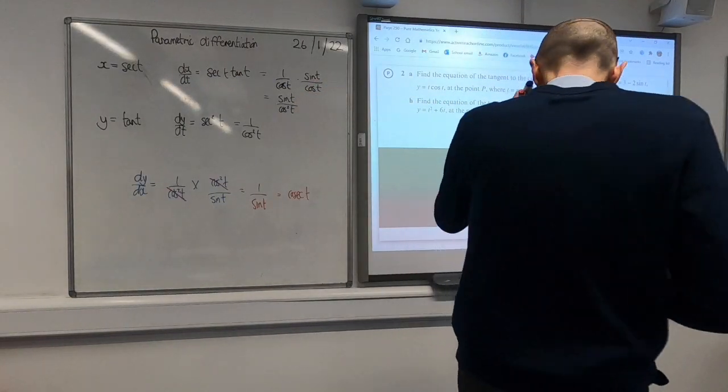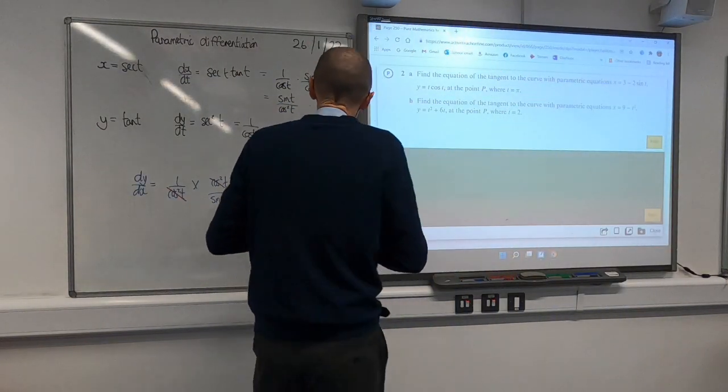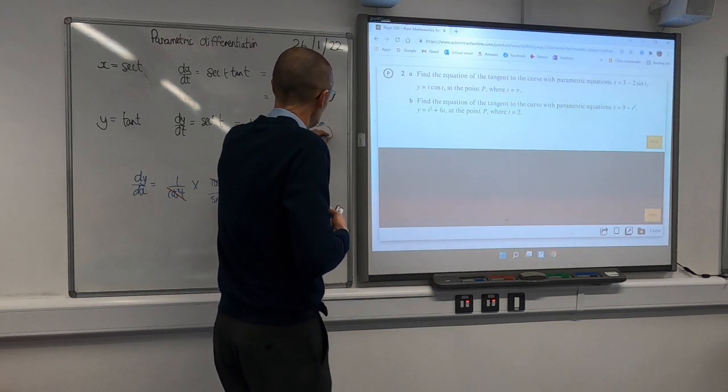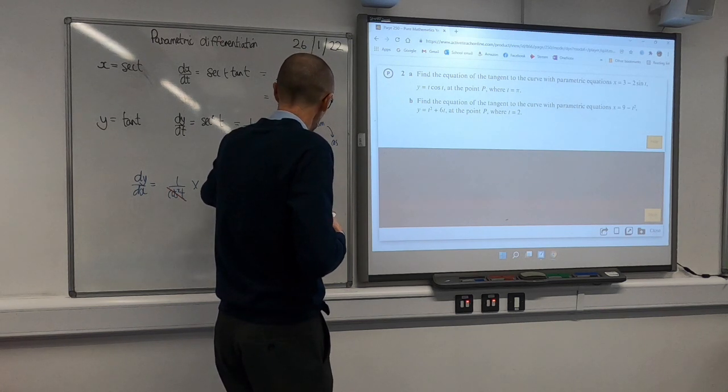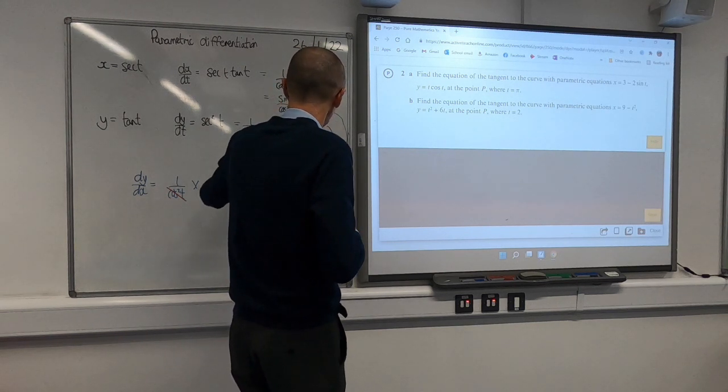For these you will have to remember that sine becomes cos, cos becomes minus sine, minus sine becomes minus cos, minus cos becomes sine.